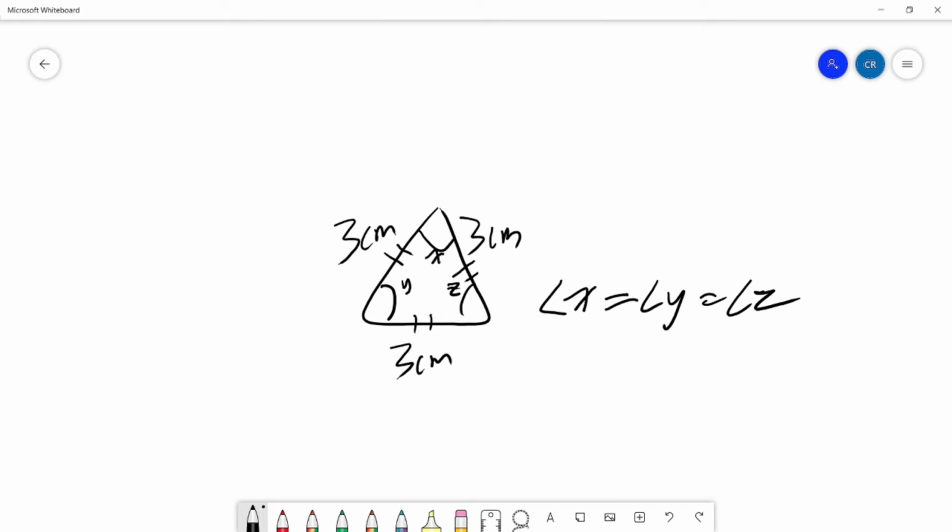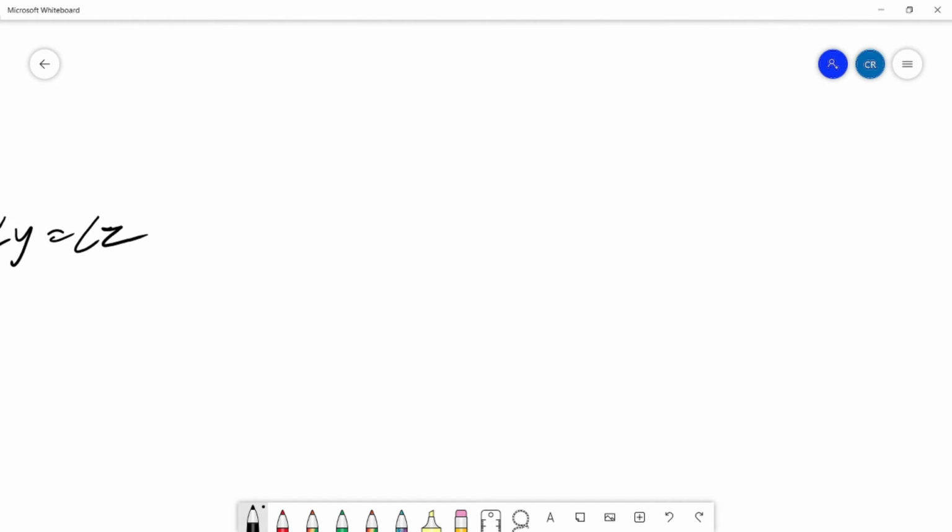So my theory is that all interior angles in an equilateral triangle are 60 degrees. I have to prove that, and the way I'm going to prove it is by using the angle sum of a triangle. Let's write that down: angle sum of triangle.